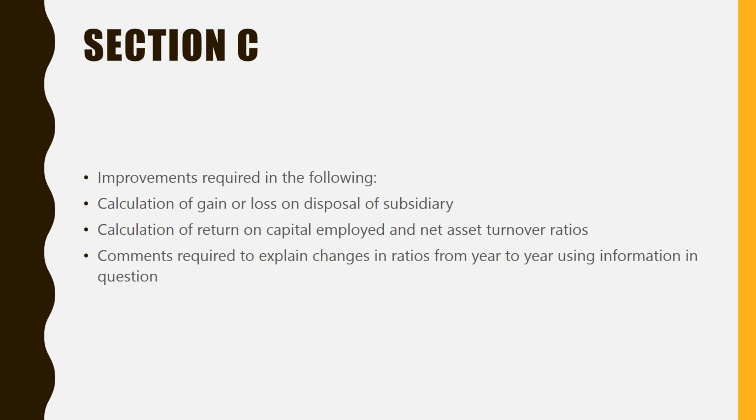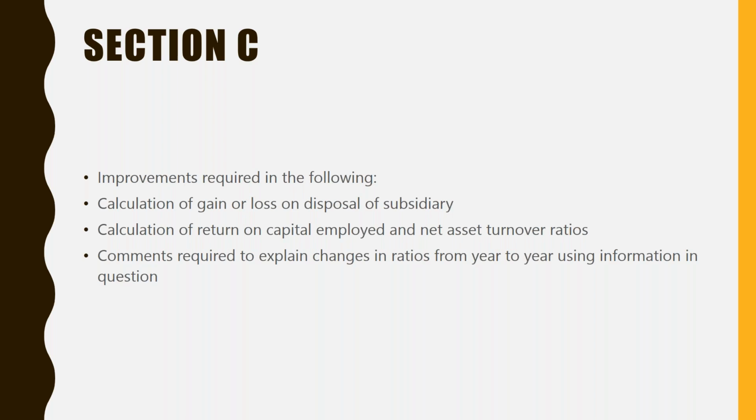So when you take those three numbers, you net them off and deduct that from the disposal proceeds, you'll get a profit or loss on the sale of this particular subsidiary. So make sure to revise how to calculate a gain or loss on the disposal of the sub, and how to calculate return on capital employed, that is profit before interest and tax over net assets, and net asset turnover.